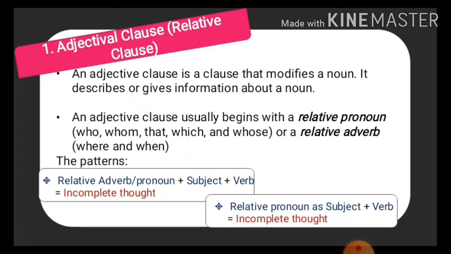The first pattern: relative adverb or relative pronoun plus subject plus verb becomes an incomplete thought. And the second is relative pronoun as a subject plus verb. It becomes an incomplete thought or an incomplete idea.